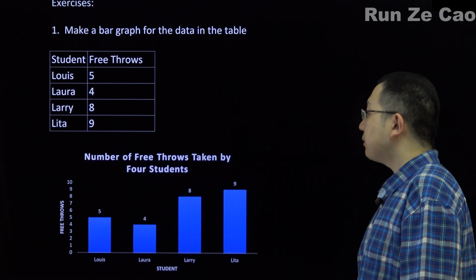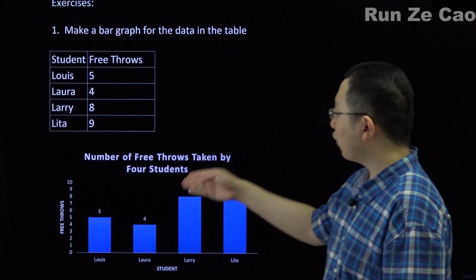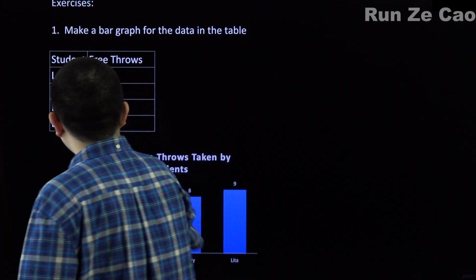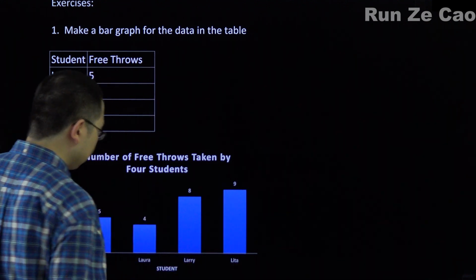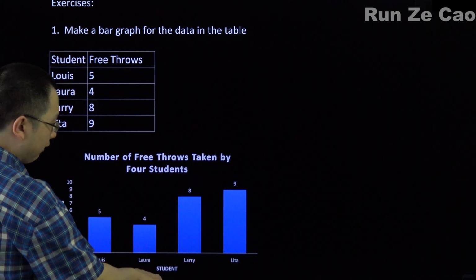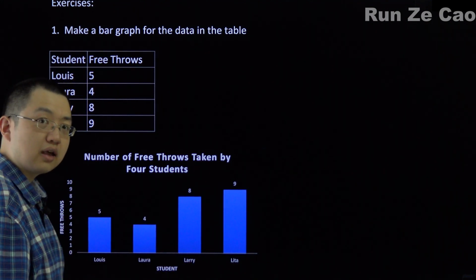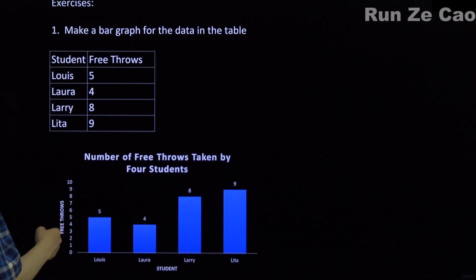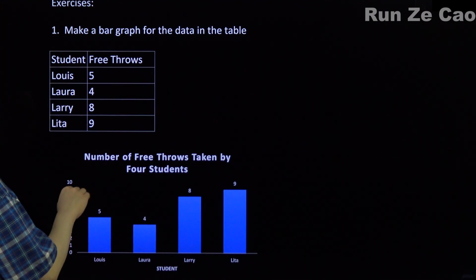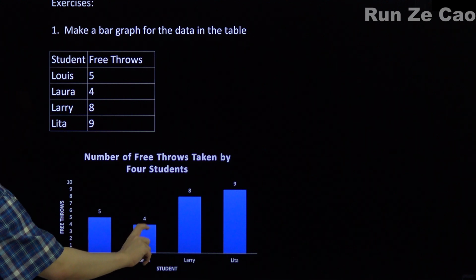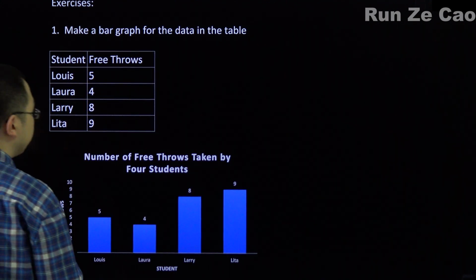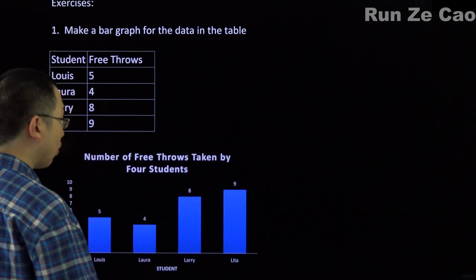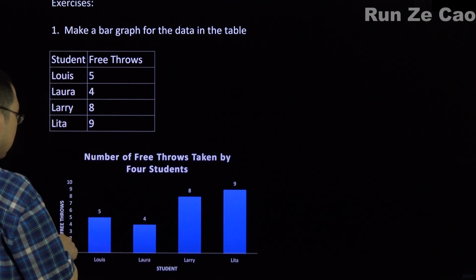But anyhow, the number of free throws taken by these 4 students, we have 4 categories, so we line them up along the horizontal axis and we label it with what the categories are, in this case different students. And then we draw the bars up to a height commensurate with their number of free throws in this case, so the quantities within that category.